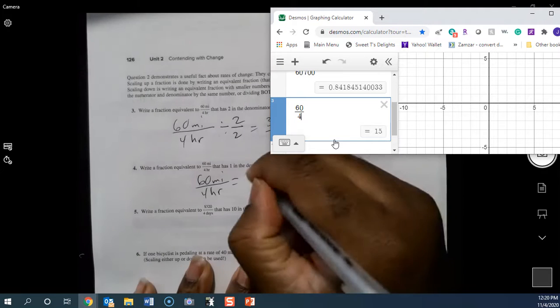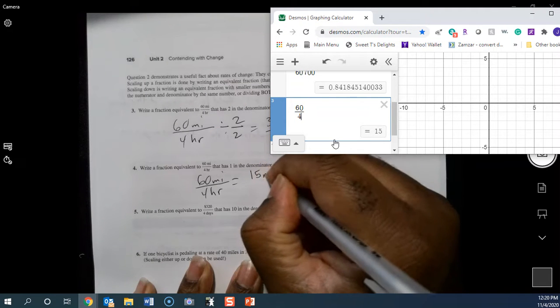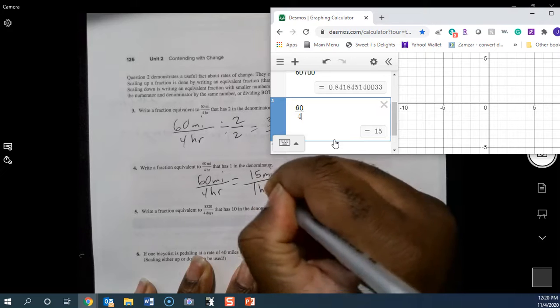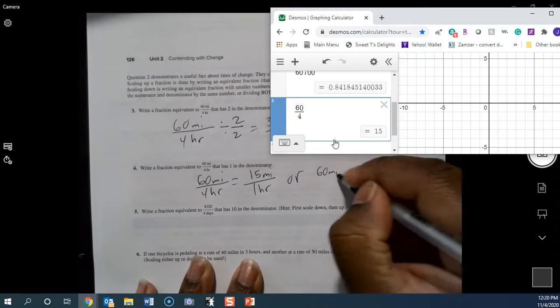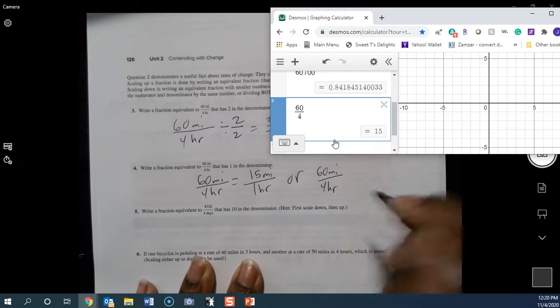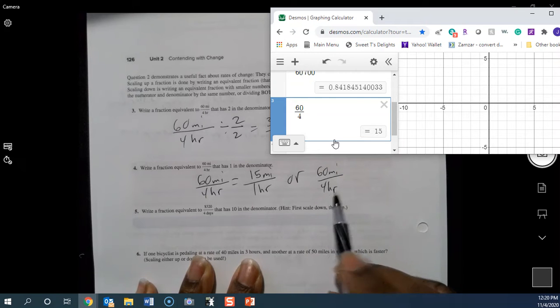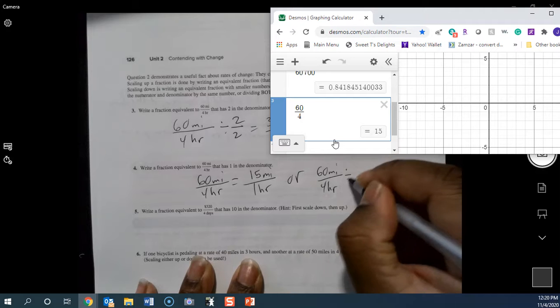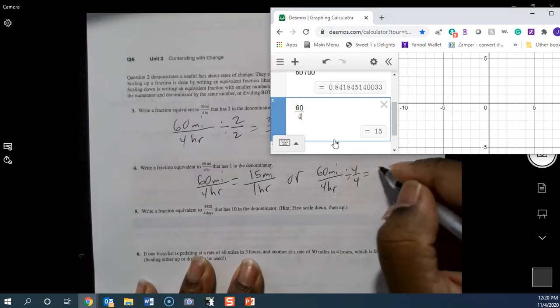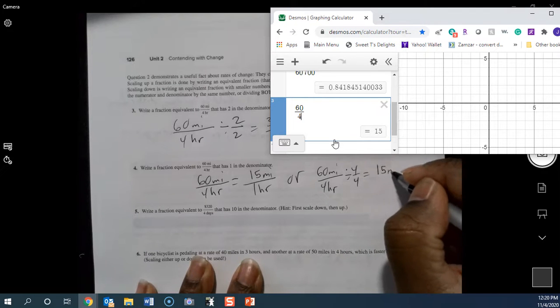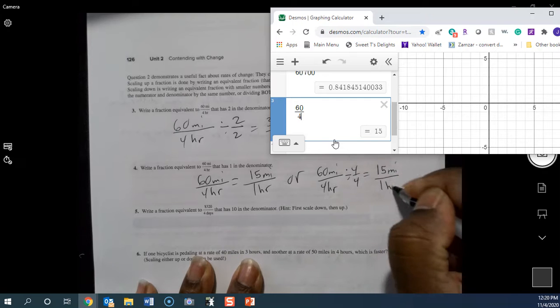And you know that'll be 15 miles over 1 hour. Or you could have done this by hand. You could have taken the 60 miles over 4 hours and determined what you needed to divide the denominator by to get 1. And you would need to divide the numerator and denominator by 4. And that will give you 15 miles over 1 hour.